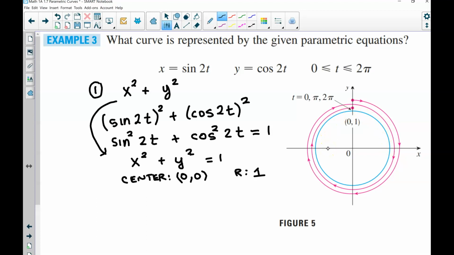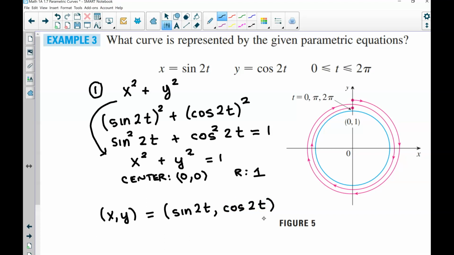But we know that the point xy would then equal the sine of 2 times whatever t equals, the cosine of 2 times whatever t equals.